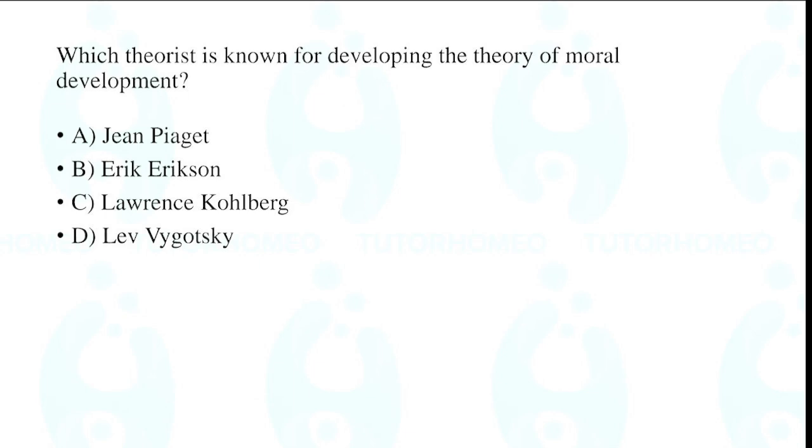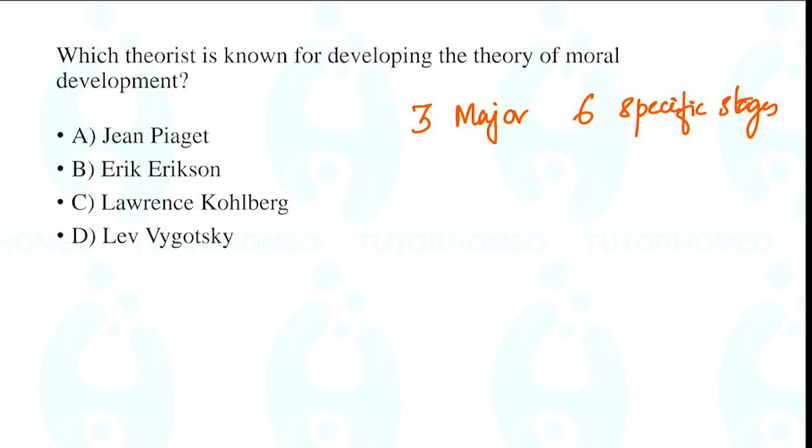It is a little important one, and I'll just mention that. Lawrence Kohlberg's stages of moral development include three major levels and six specific stages. Be with me, I'll mention all of them together.